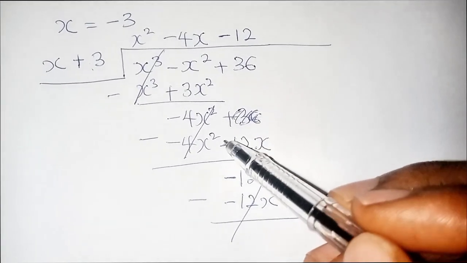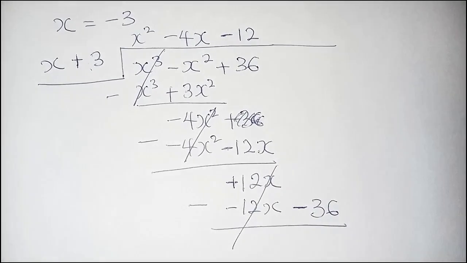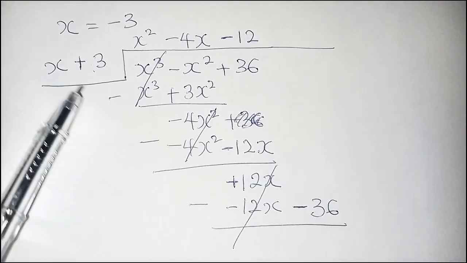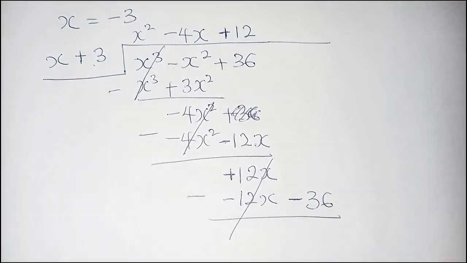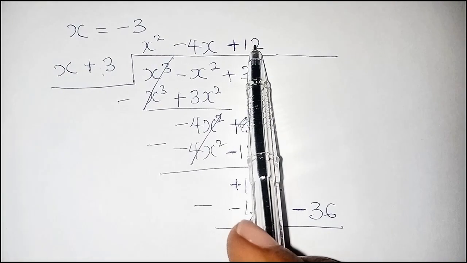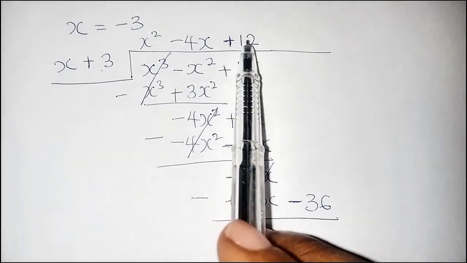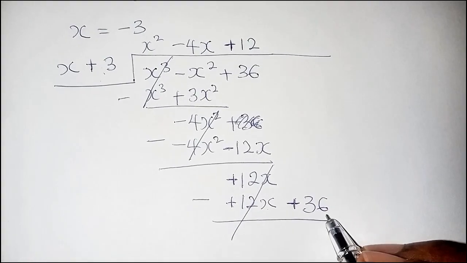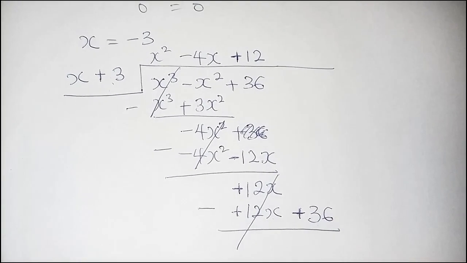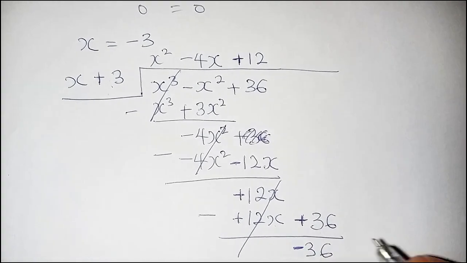Okay, so minus times minus will give us a plus here. So x into this will give us a plus 12. And so 12 times x will give us plus 12x. And this will give us a plus 36. When we subtract this, we have a minus 36.